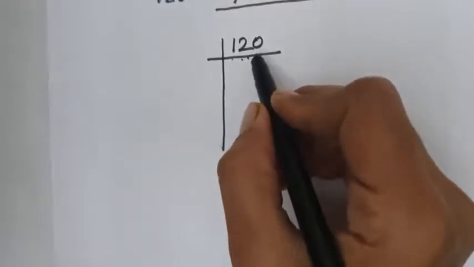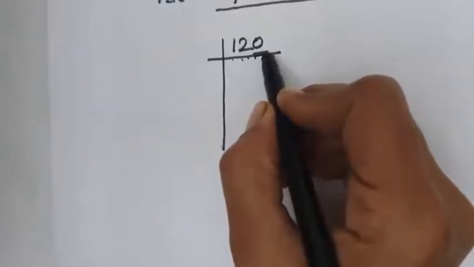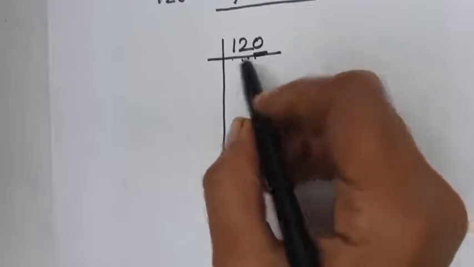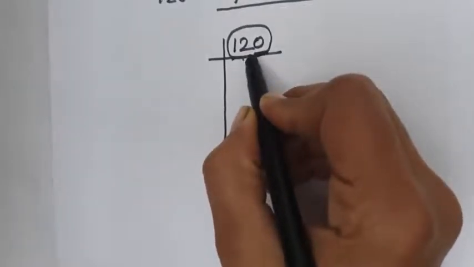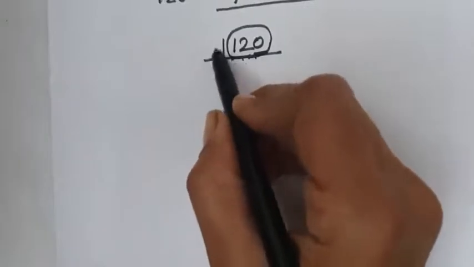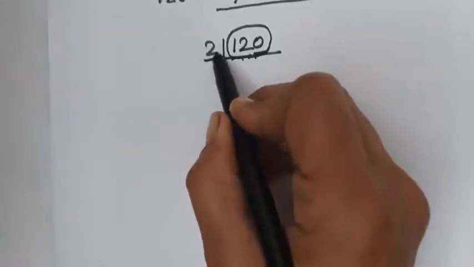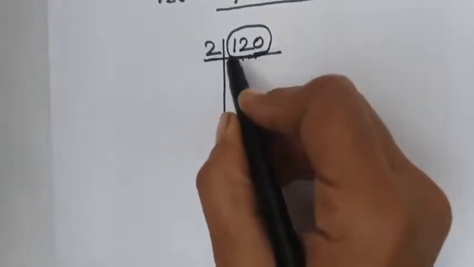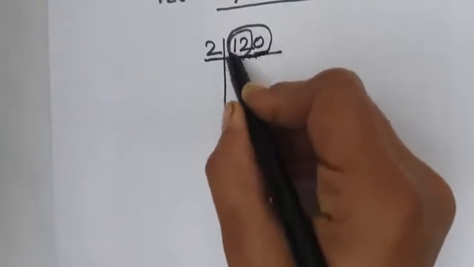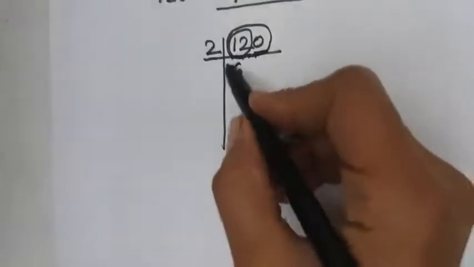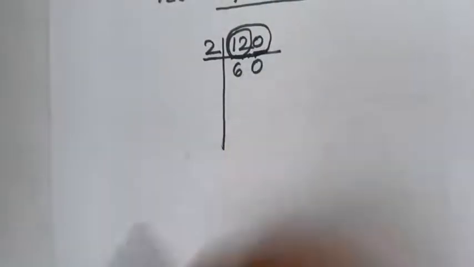Again, the last digit is 0, so this whole number is divisible by 2. Let us write it directly. I am writing 2 here. Now 2 6 is 12. 2 0 is 0.